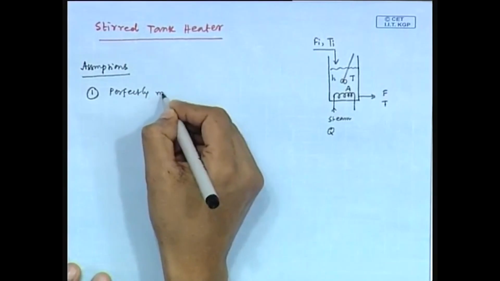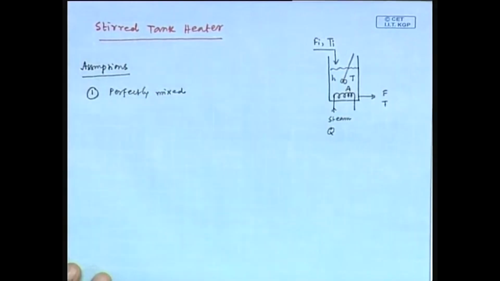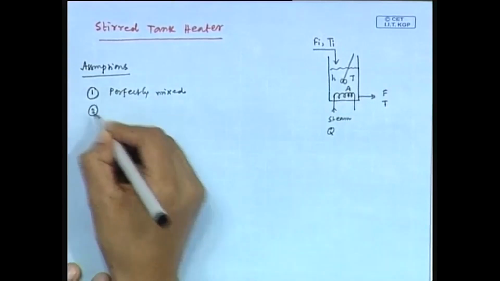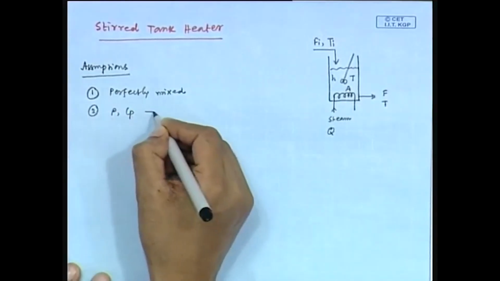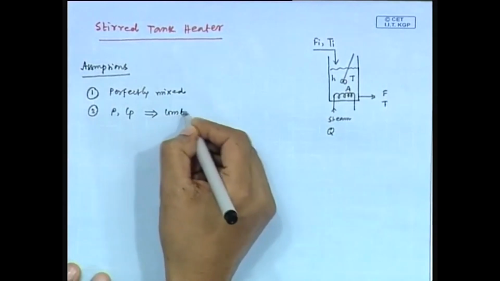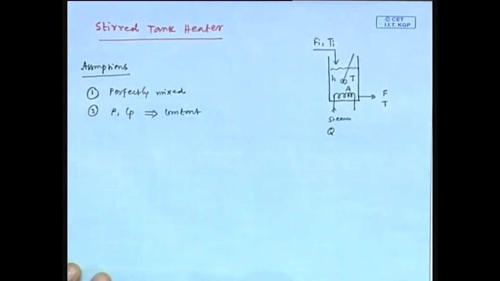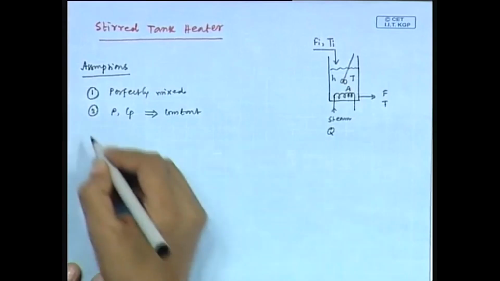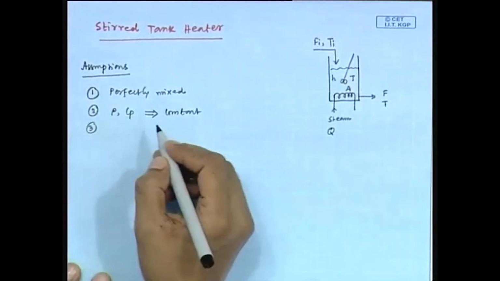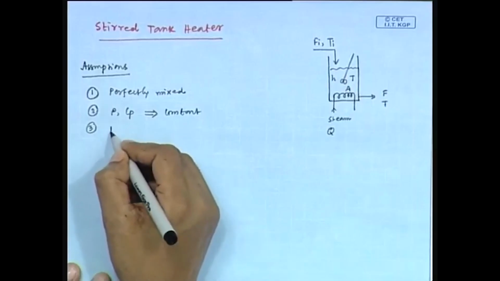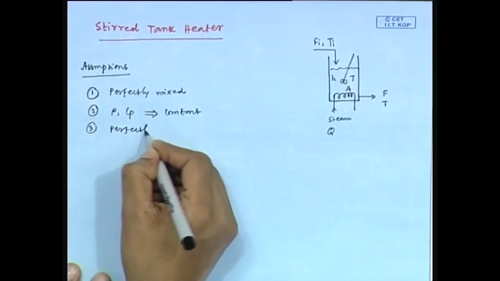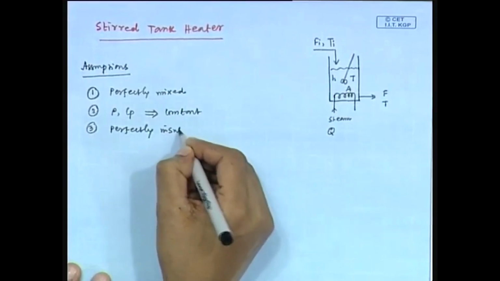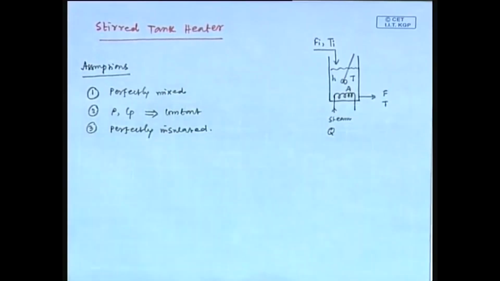The second assumption is that rho and Cp are both constant. The third assumption is that the tank is perfectly insulated. That means there is no heat loss from the tank to the surroundings.